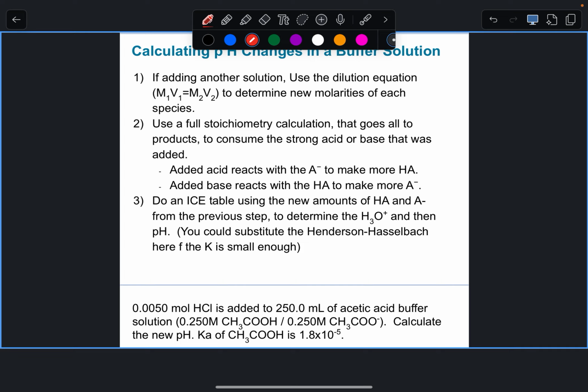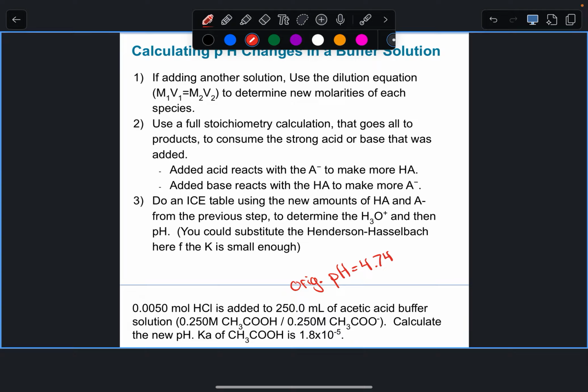Okay? So we're going to read this problem because this is starting with pretty much the same solution. I should have left them the exact same concentrations. Oh well. Pretty much the same solution, but they're equal concentrations. So I think the original pH here is 4.74 because they're equal amounts, the pH would just be equal to the pKa.